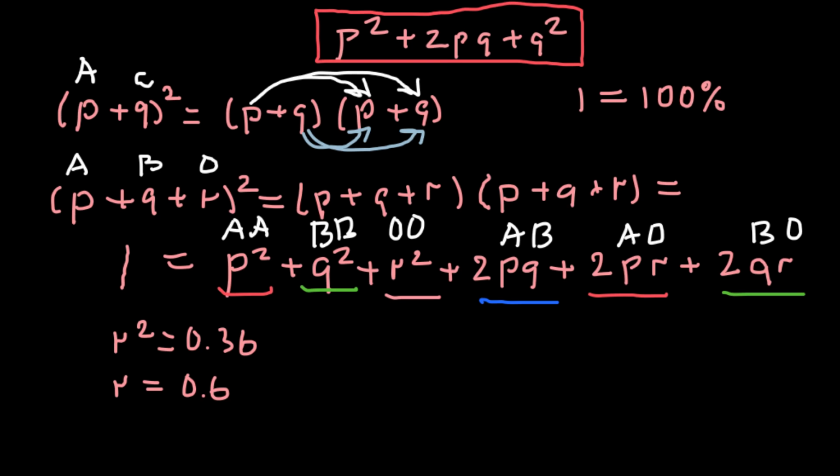So once again, genotype R squared here stands for the genotype OO, and R stands for the frequency of the allele O in the population.